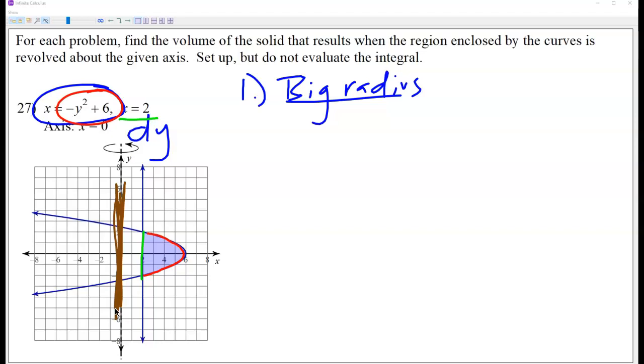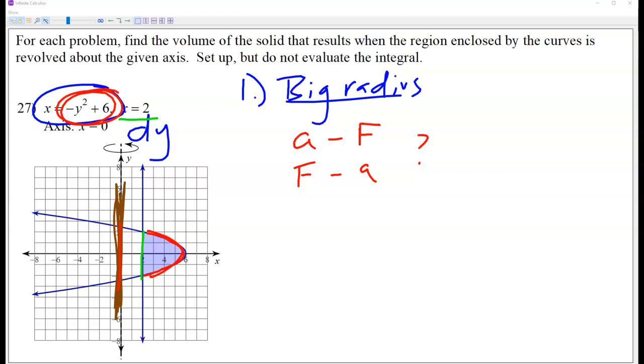So the red line is this one here. Now, should it be axis minus function, or function minus axis? Well, notice that the function is on the right and the axis is on the left. And when you're doing things with respect to y, it's right minus left.